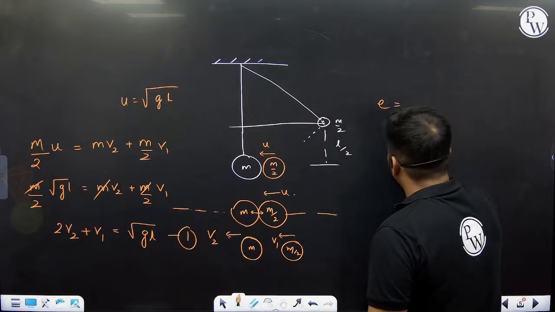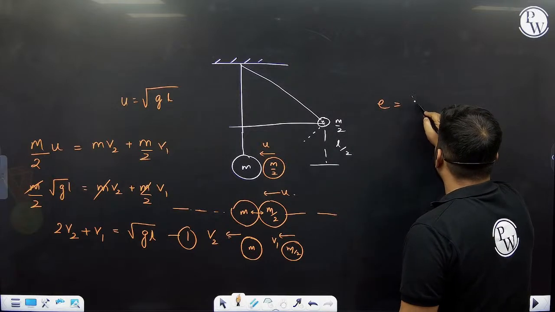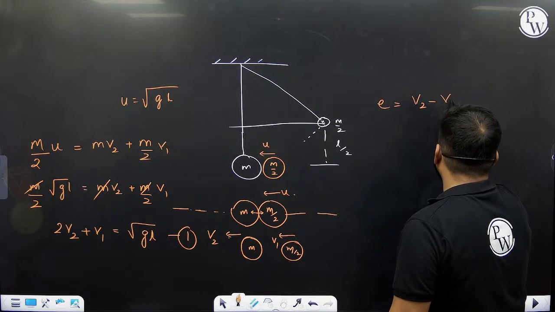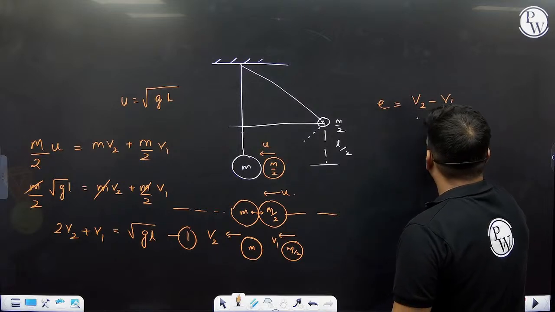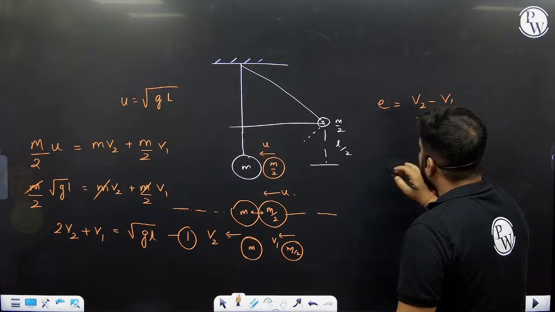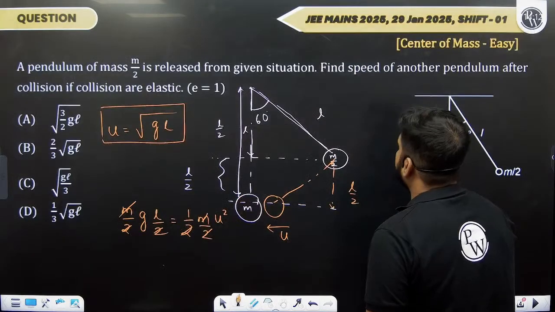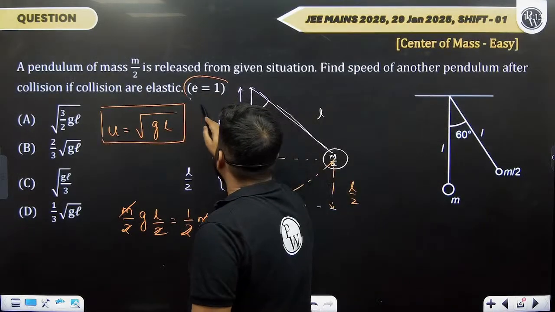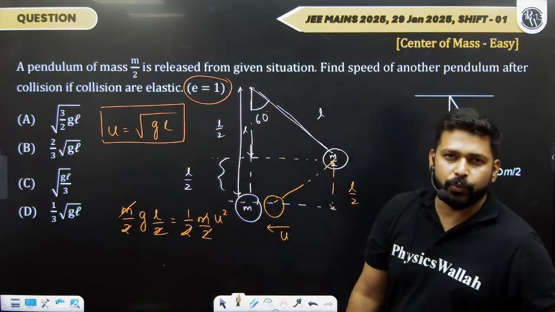The relative velocity of separation, as you can see, is v2 minus v1, divided by u. If you go back to the question, it says that it is an elastic collision, so e is equal to 1.